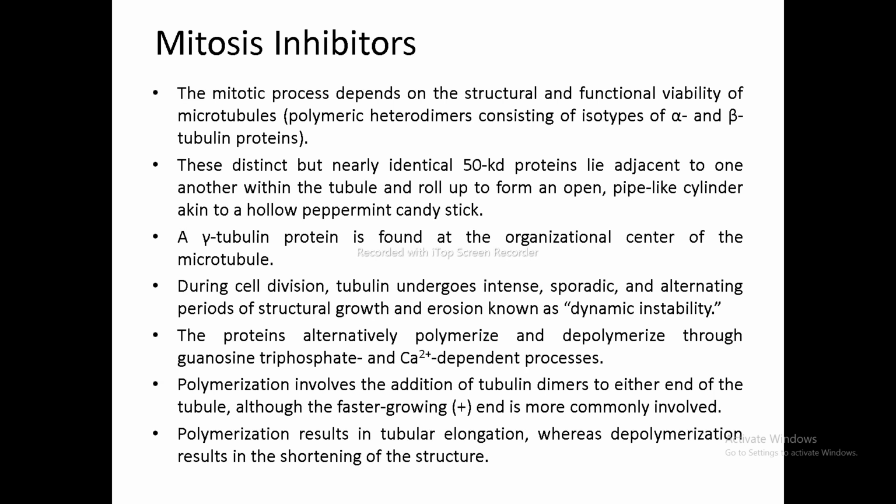The polymerization involves the addition of tubulin dimers to either end of the tubule, although the faster growing end is more commonly involved. Polymerization results in tubular elongation, whereas depolymerization results in the shortening of the structure.